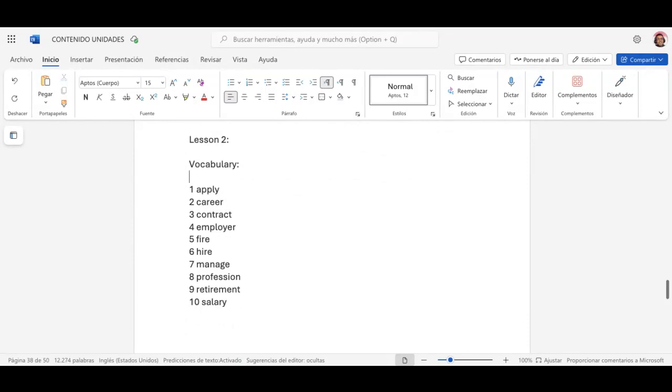Vocabulary: apply, career, contract, employer, fire. Fire is the same as when your house burned, exactly. Hire, manage, profession, retirement, and salary.